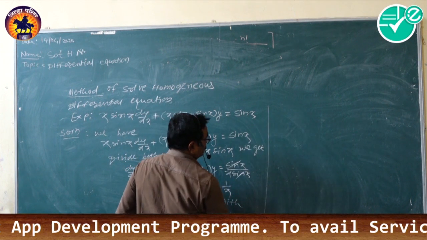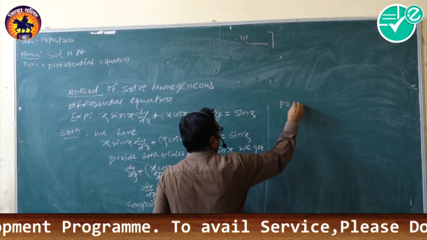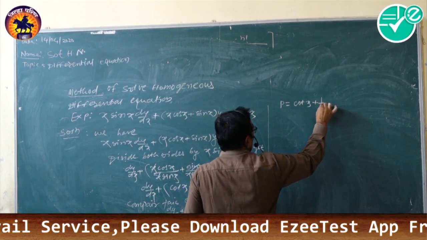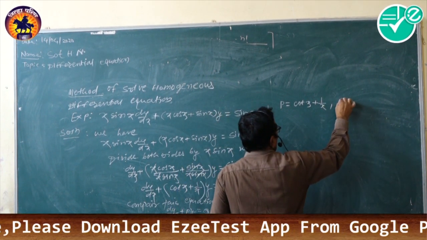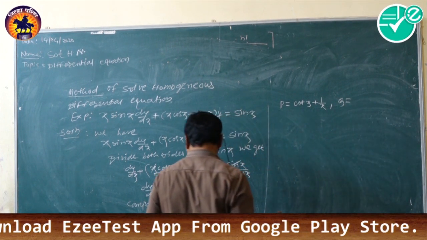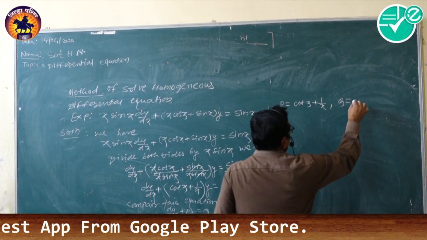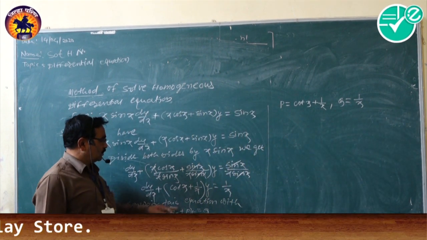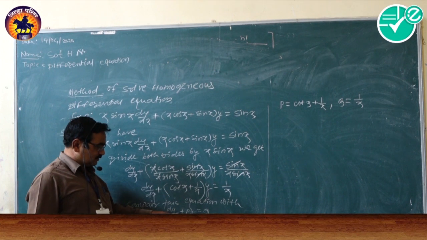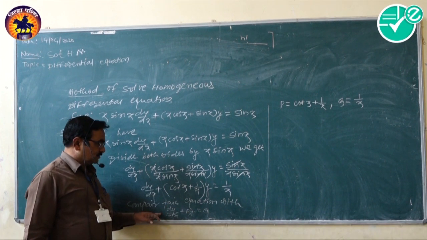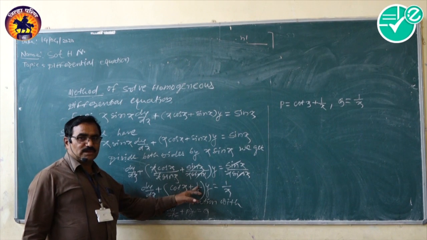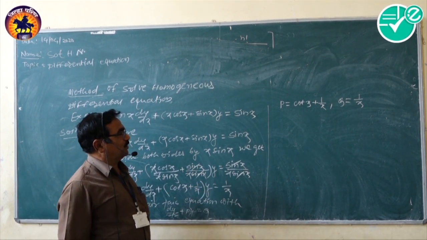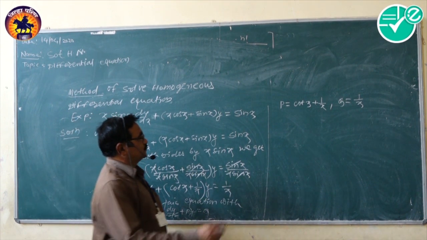Here p equal to cot x plus 1 upon x and q equal to 1 upon x. When we compare this equation with this linear equation, the value of p is cot x plus 1 upon x, and the value of q is 1 upon x.